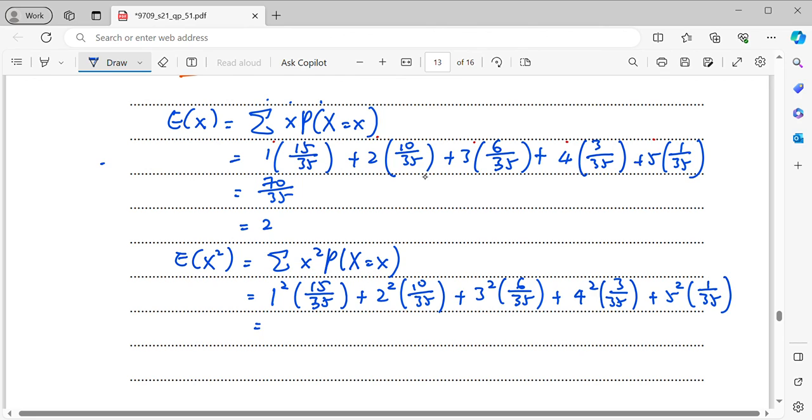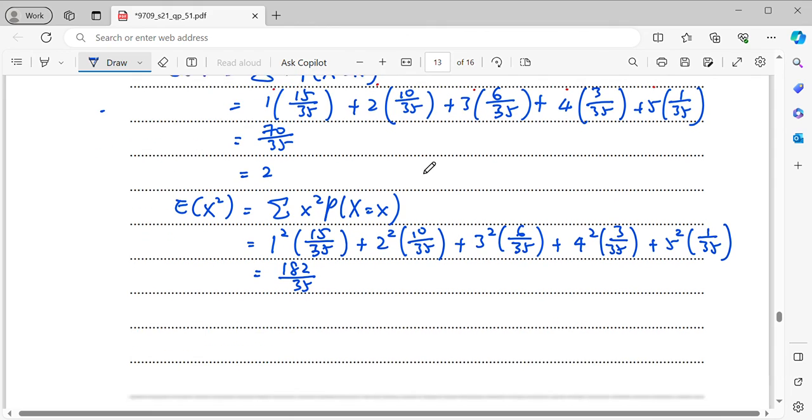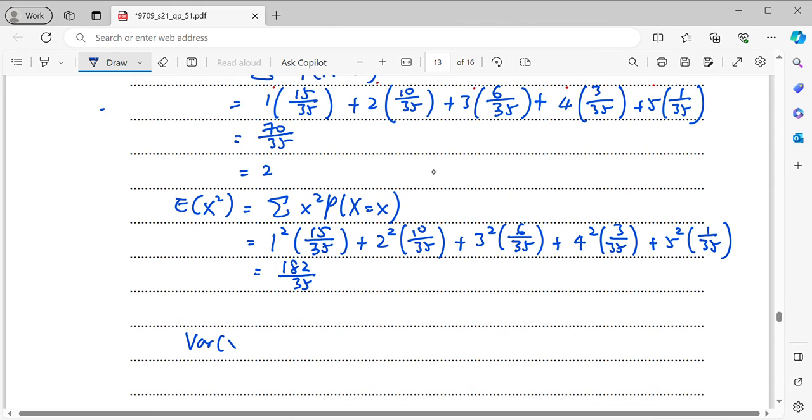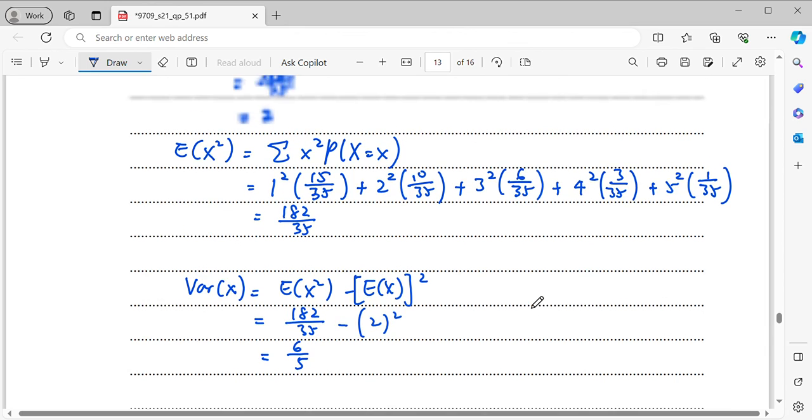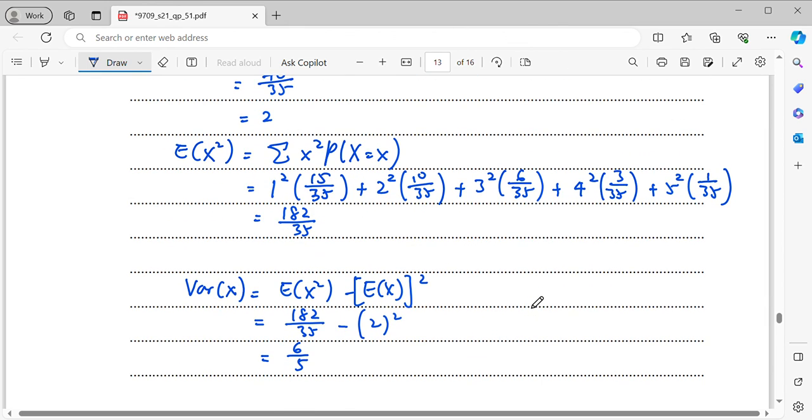So then this calculation, it will be 182 over 35. So once you have found these two values, Var(X) will be E(X squared) minus the square of the E(X). Then I will be getting 182 over 35 minus 2 squared. Okay, so at last, you will be getting 6 over 5. So make sure your variance is positive. Alright, so this is the solution for question 7C.